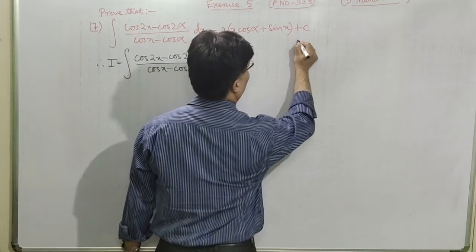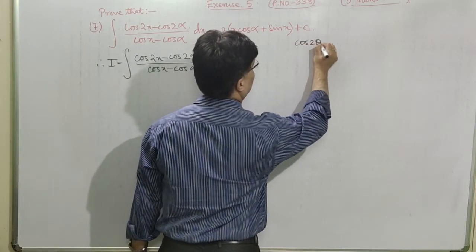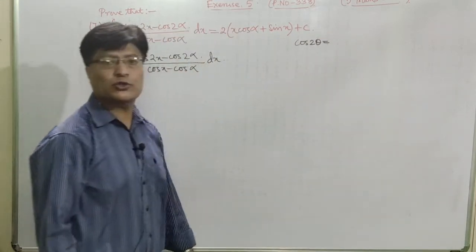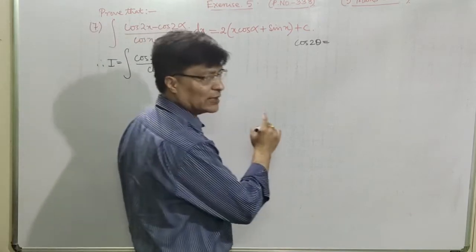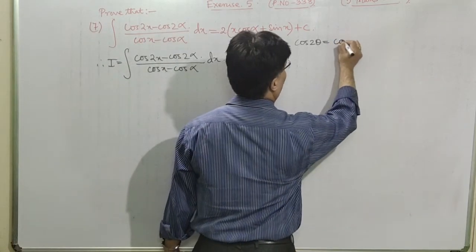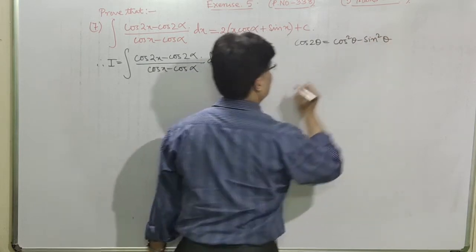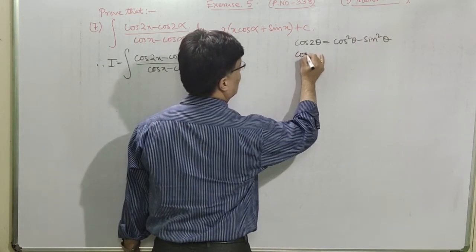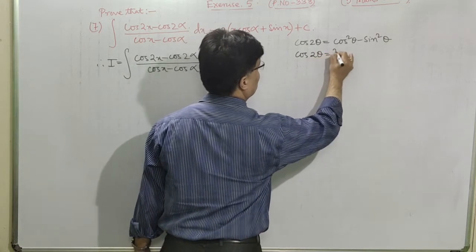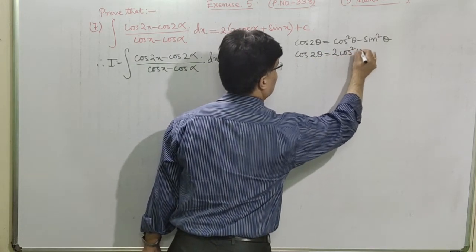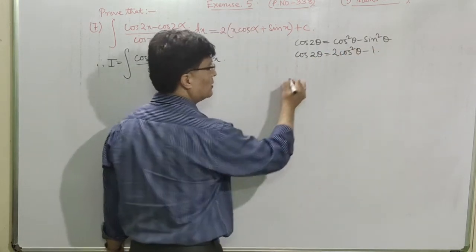So what is the formula for cos 2 theta? Can you tell me what is cos 2 theta? It is cos square theta minus sin square theta. This is number 1 formula. And next, cos 2 theta is equal to 2 cos square theta minus 1.